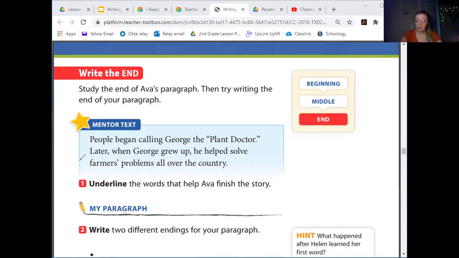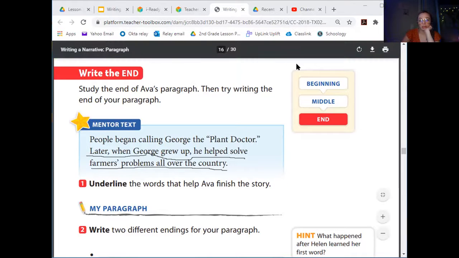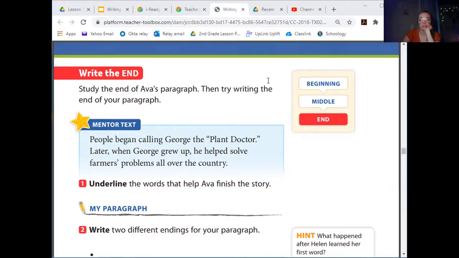The words I underlined that I think helped Ava finish the story were later when George grew up, he helped solve farmers' problems all over the country because it tells us what happens as George got older. And that helps me feel like the story has come to an end. All right, so you can edit the underlining you did if you want, and then we're gonna move on. I'll clear my annotations.